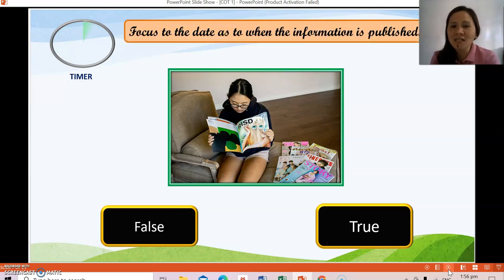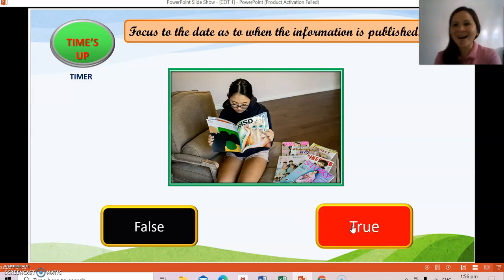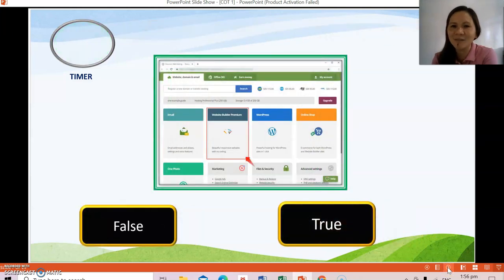Focus on the date as to when the information is published. Time's up. What is your answer? Yes, it is correct. Your answer must be true. Good job for that, guys. Okay, now let's go to the last one.